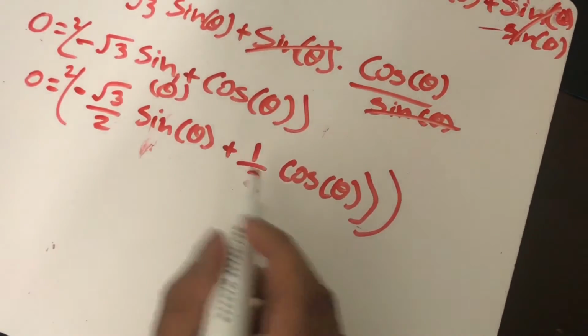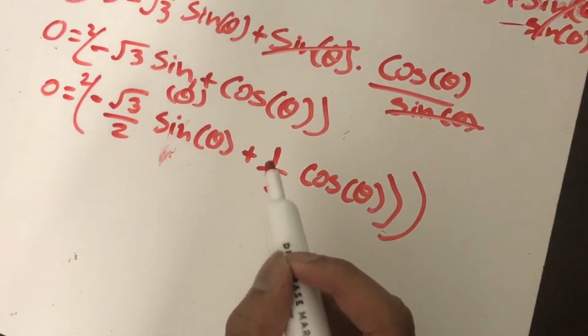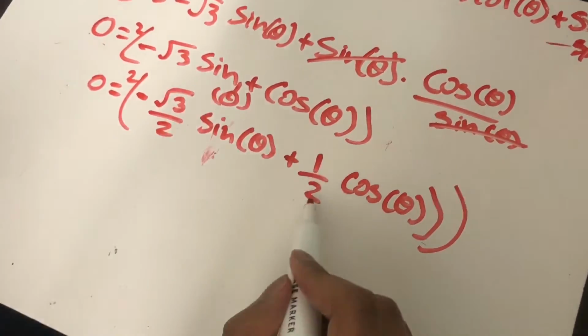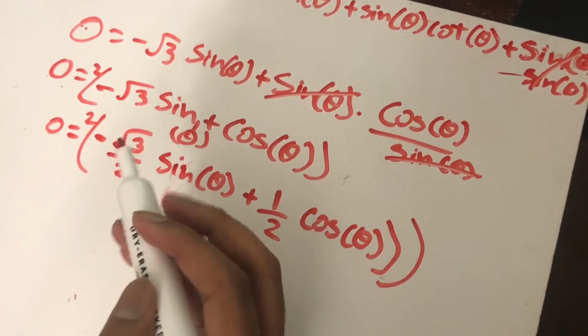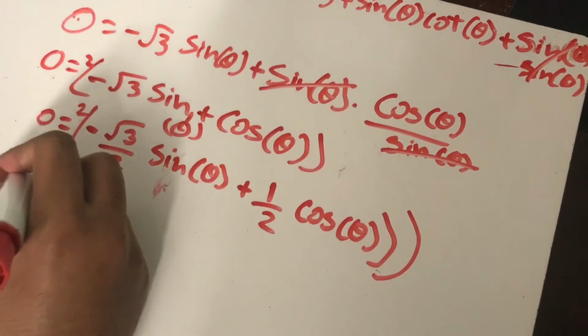Okay, so hold on, the whole thing should be over 2. Remember, from there we're multiplying this, so we're going to turn the plus 1 and negative square root of 3 over 2 into sine and cosine values.